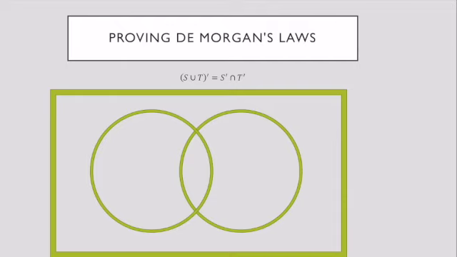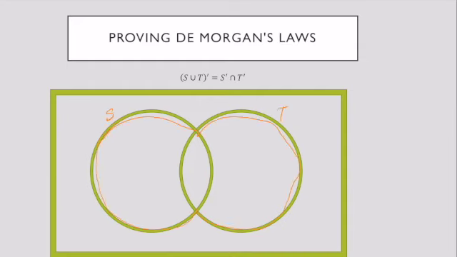So let's prove De Morgan's law real quick. All right, so S union T, maybe I should label S and T, right? So like this is S, this is T. S union T is going to be all of this, right?